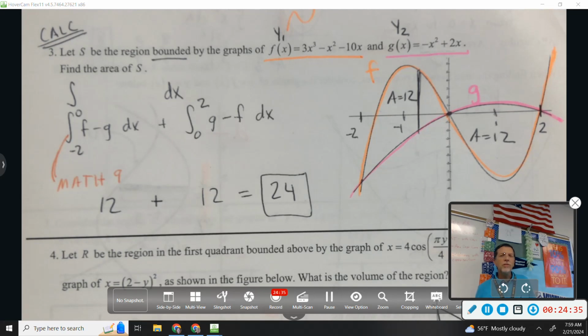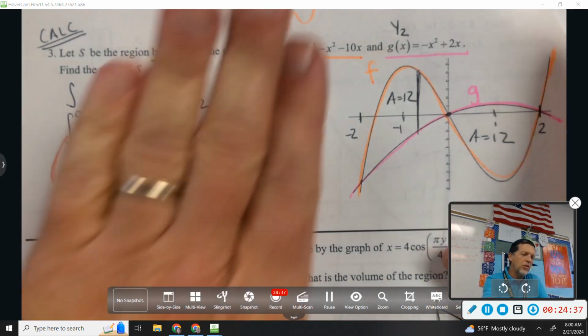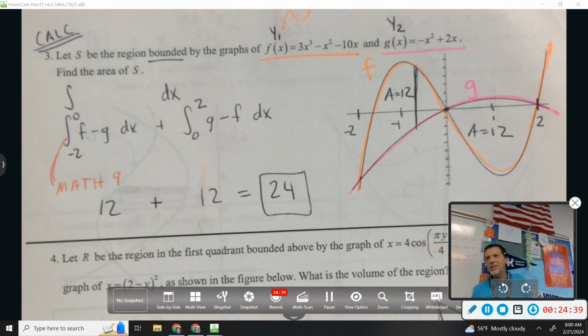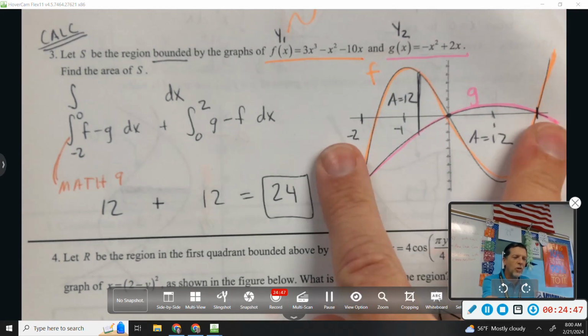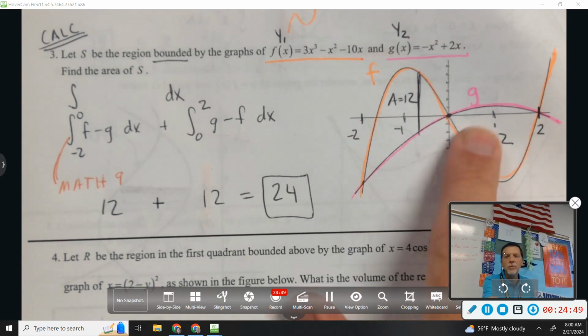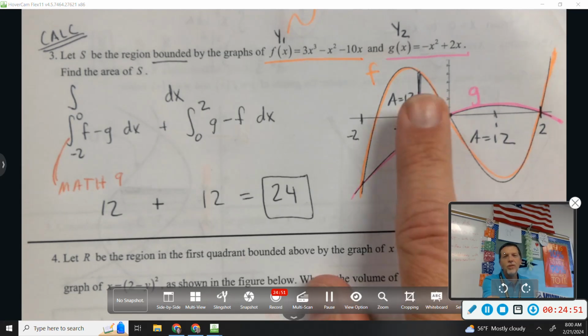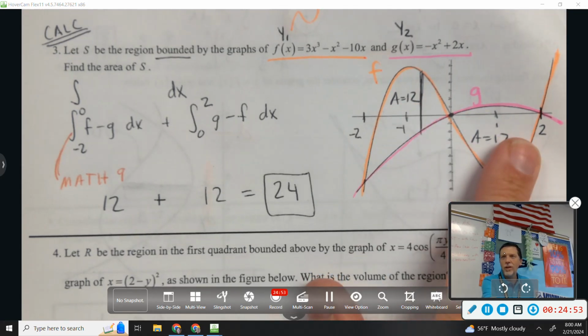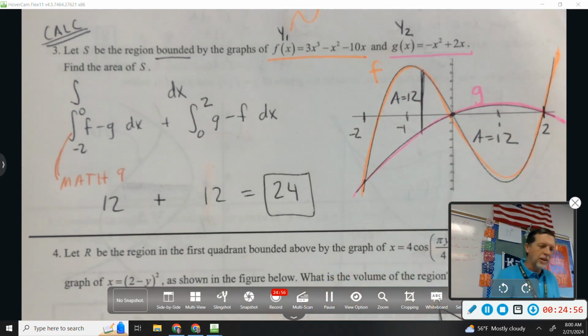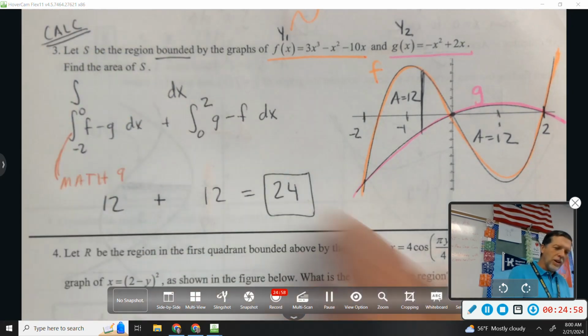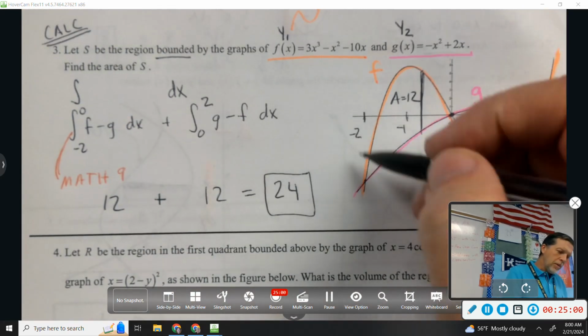Do you know what would have happened if you'd have just done F minus G from negative 2 to 2? Do you know what your answer would be? I feel like it would be something that you would catch. If you did F minus G the whole way, then this part would be negative, and 12 minus 12 would be 0. And hopefully you would realize, wait a minute, I can't tell by looking what that area is, but it's clearly not 0.